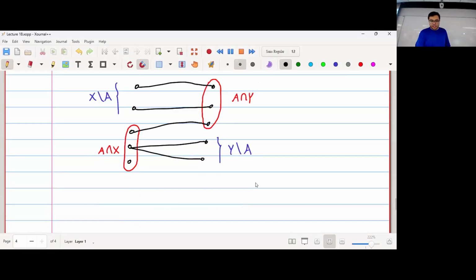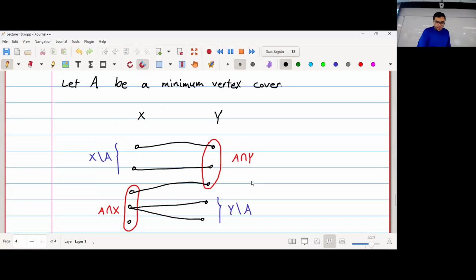Great. Now I want to find the matching. How do I find the matching here? I want to basically say, let's find the matching that matches all the vertices in A. So I want to match all of my red vertices, and I want to match them to blue vertices.